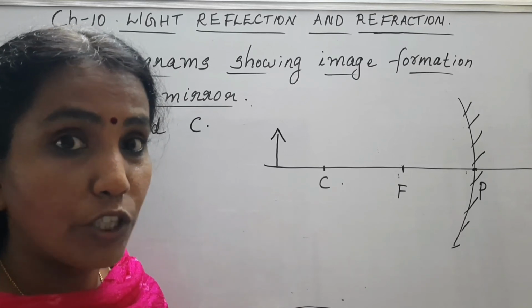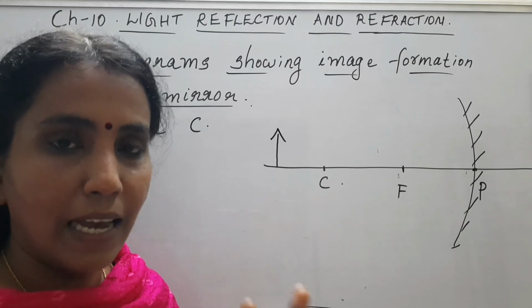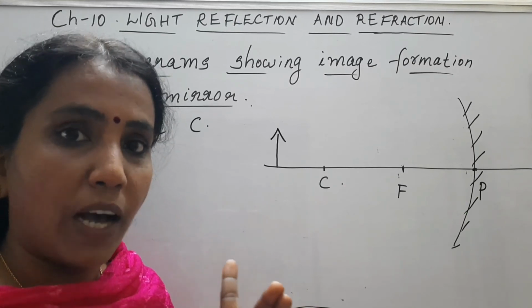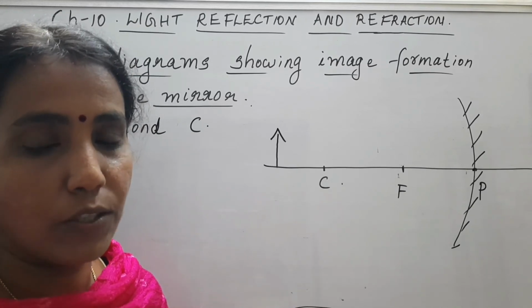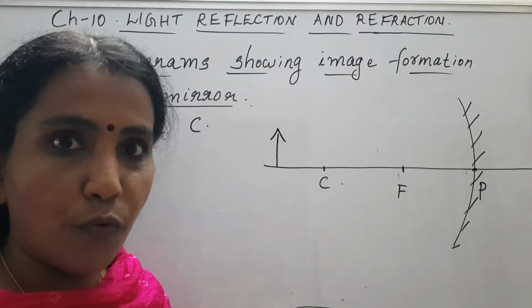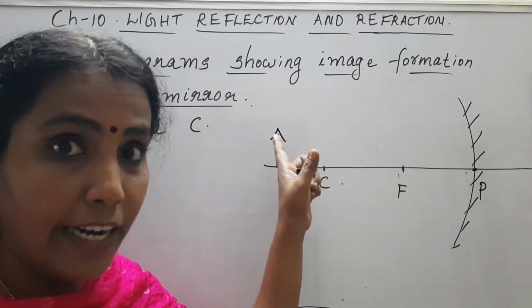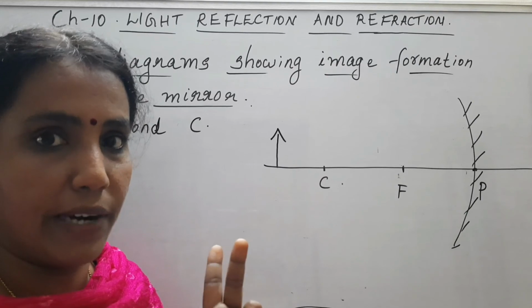First one parallel to principal axis, second one passing through center of curvature, third one passing through focus, and fourth one incident at the pole. Any two from the four you can select and draw from the head.